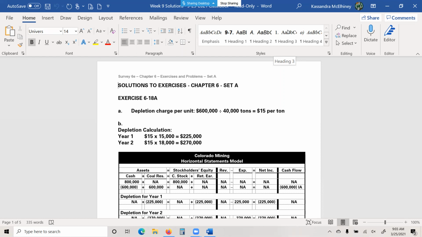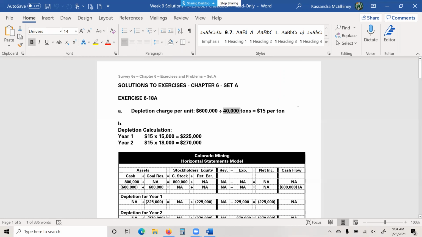And that'll be our depletion rate: the total cost of the mine divided by the number of tons that we believe, per the estimate, we would be able to extract. The estimate was 40,000 tons of coal reserves.